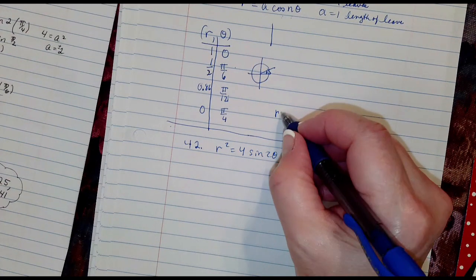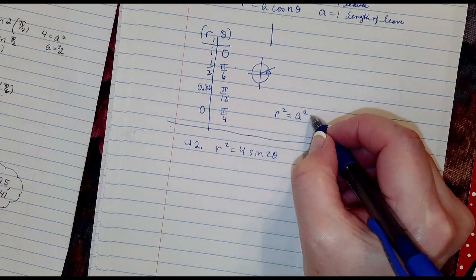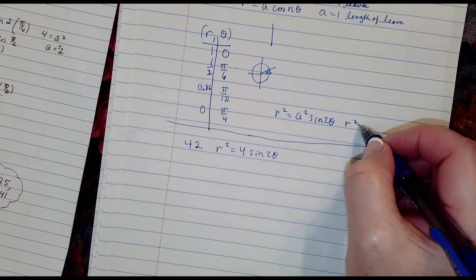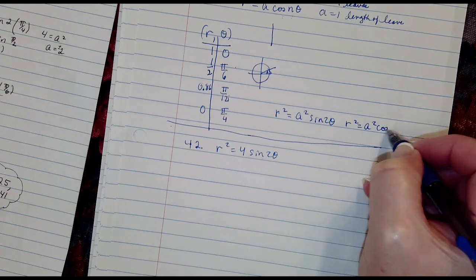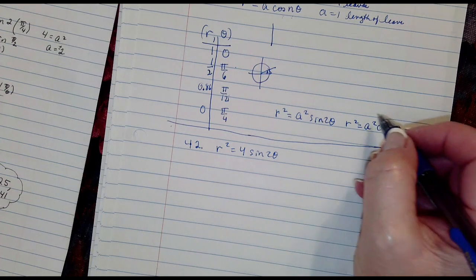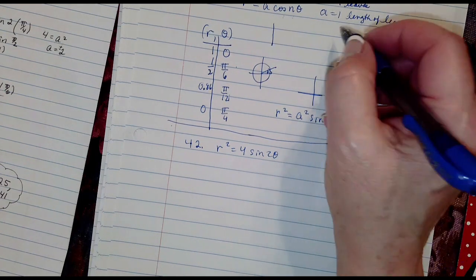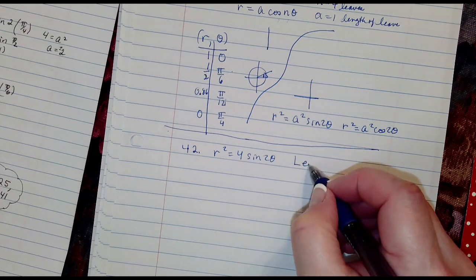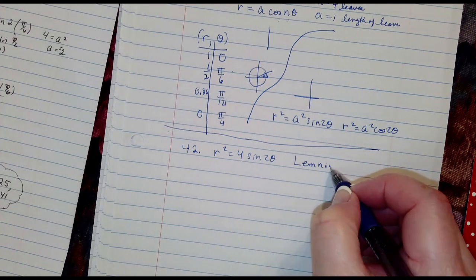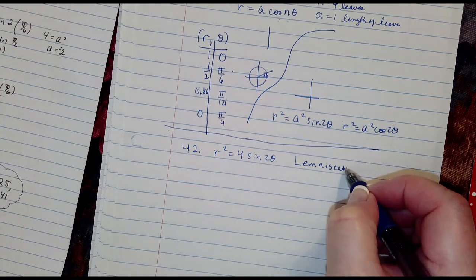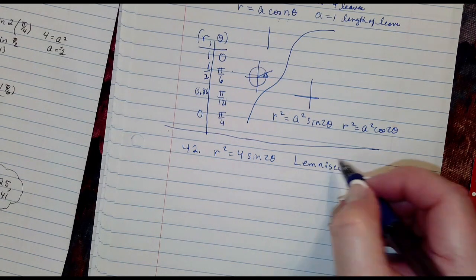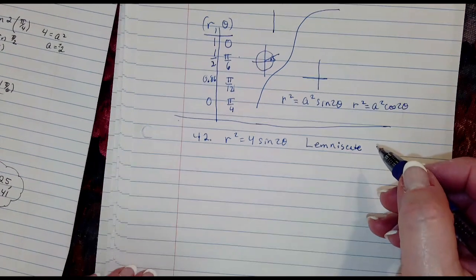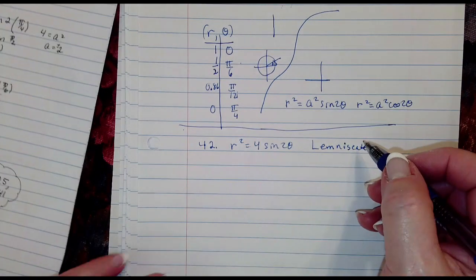We have a formula that says r squared equals a squared sine 2 theta. And we have another one that says r squared equals a squared cosine 2 theta. So we're going to try to find out the difference between these two things. This is called a lemniscate, spelled L-E-M-N-I-S-C-A-T-E. A lemniscate looks a little bit like an infinity sign.